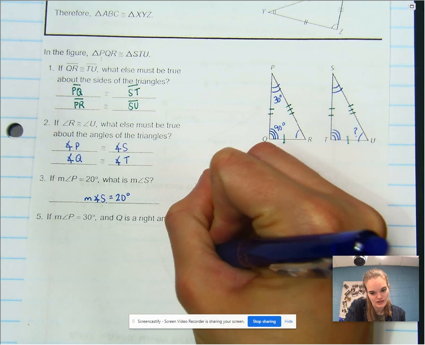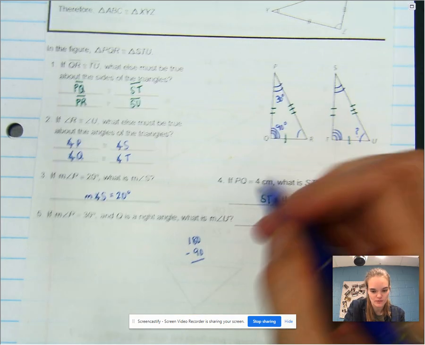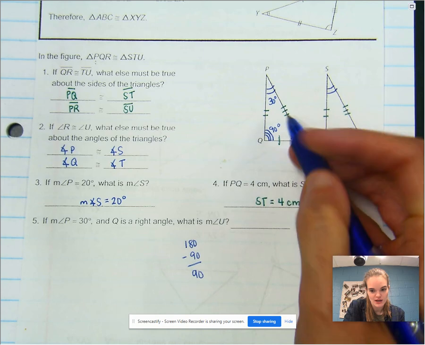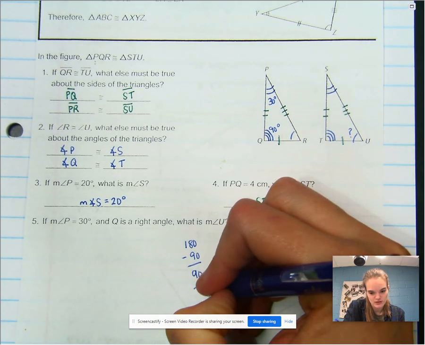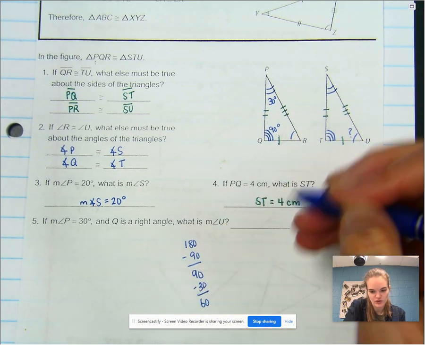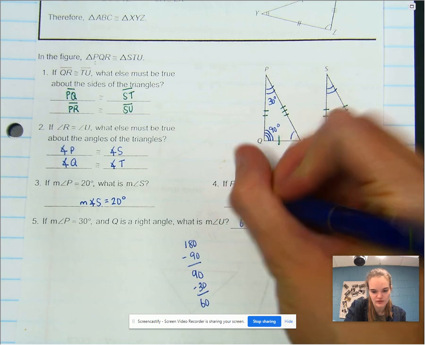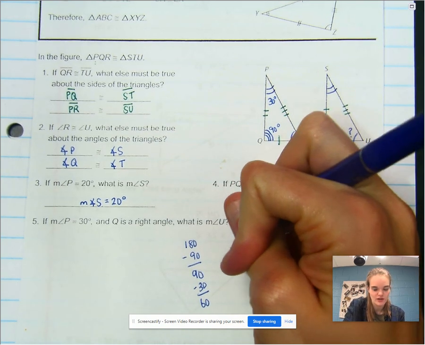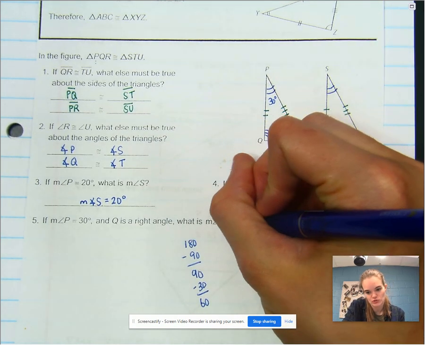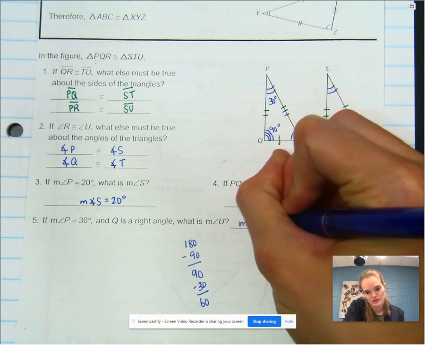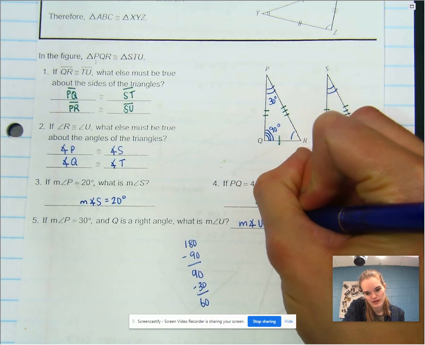I can subtract 90, which is this angle, and I get 90 left. I can subtract 30, and I get 60 left. So that means U has to be 60 degrees. And I want you to write it as the measure of angle U equals 60. Get in the habit of doing that.